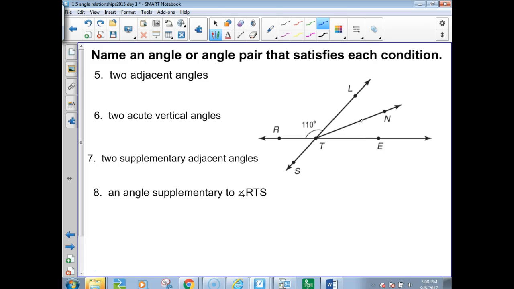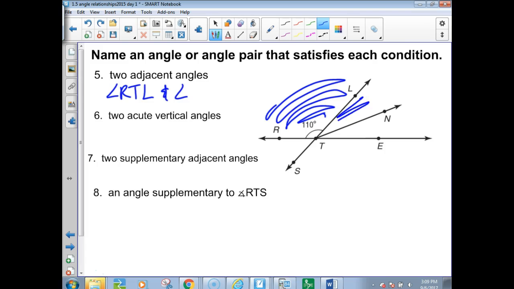I appreciate your enthusiasm. I was hoping for somebody else to try it. Evan? Sure. He said RTL, that angle, and angle LTN, this one. And yep, he's right, because that's just an example of a good pair of adjacent angles.